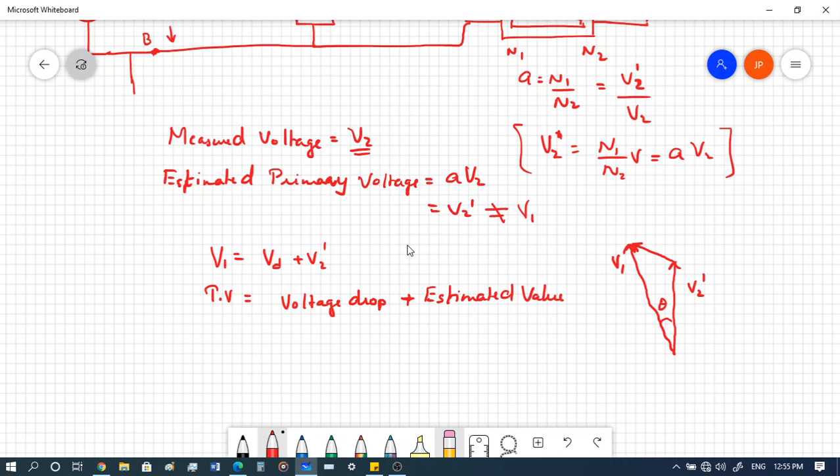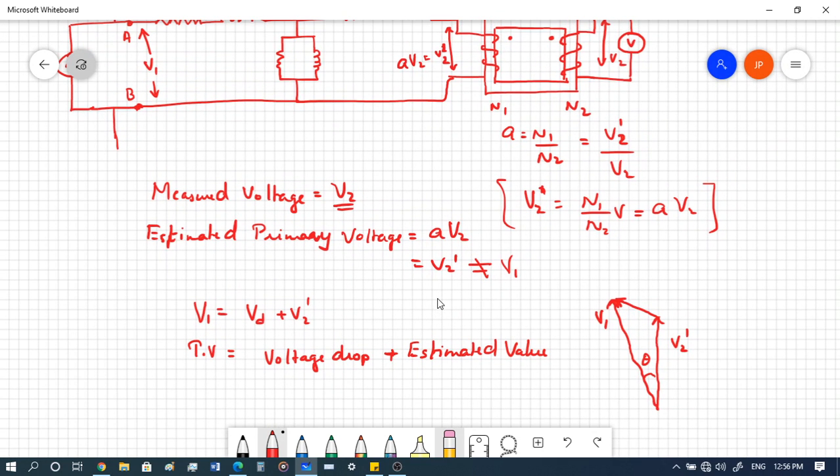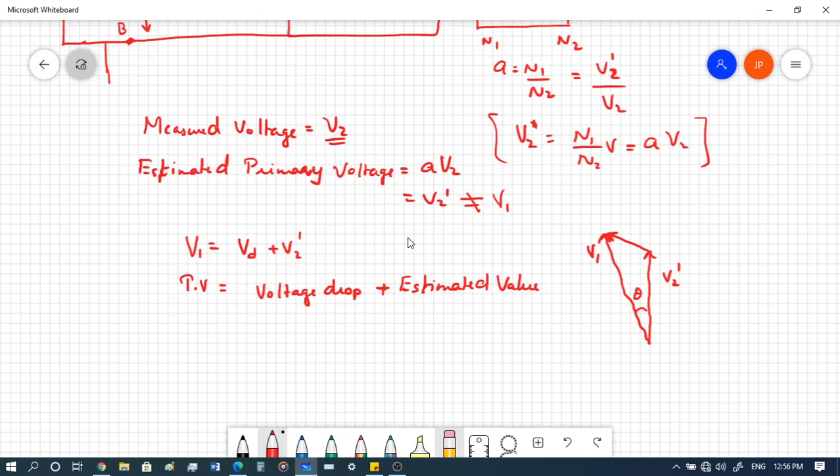So what we do is that we do a turns compensation in this case as well, as we have done in the previous case. We'll do a slight turns compensation in order to get a much closer value to the true value.